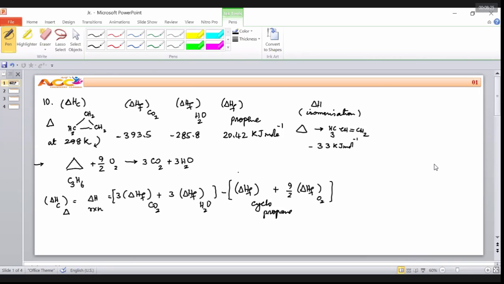You know very well that the standard enthalpy of formation of oxygen is 0.